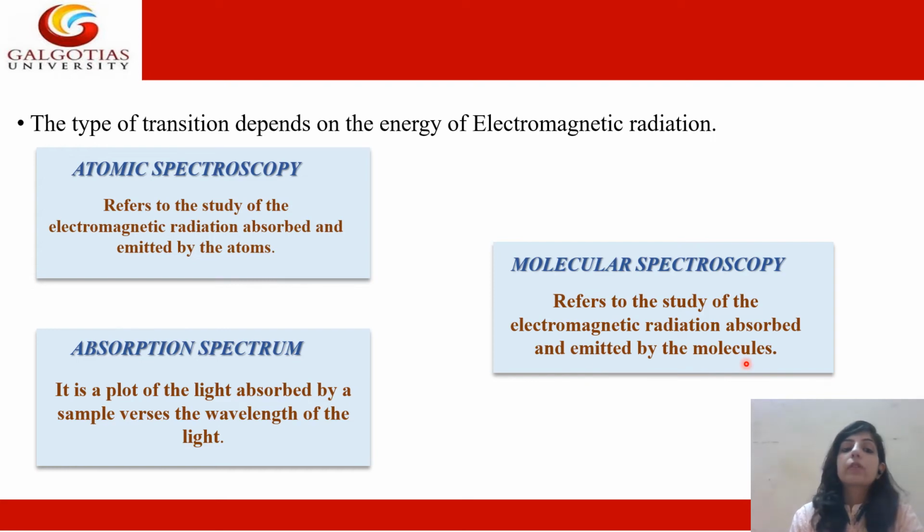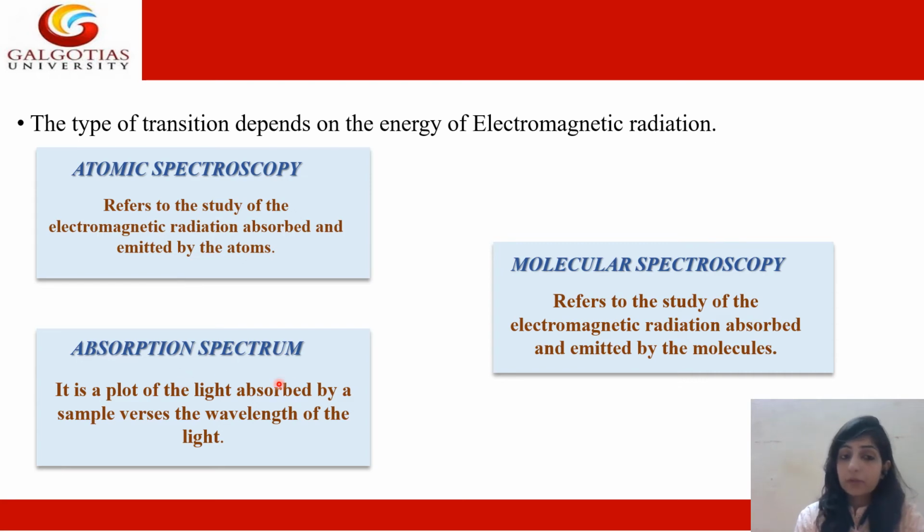One more spectroscopic technique we can have is ionic spectroscopy, which refers to the study of electromagnetic radiation absorbed and emitted by your ions. So on the basis of the types of matter, we can have three types of spectroscopic techniques: atomic spectroscopy, molecular spectroscopy and ionic spectroscopy.